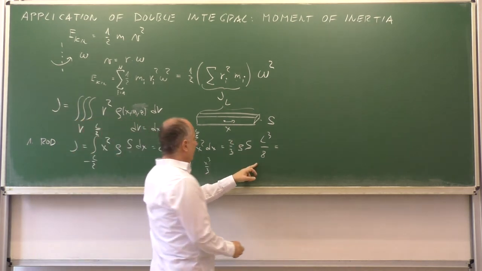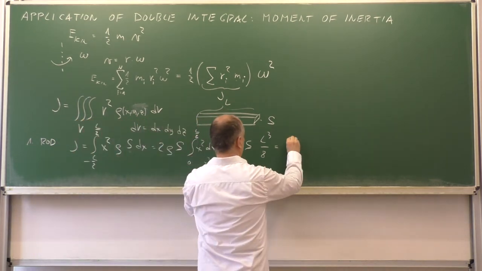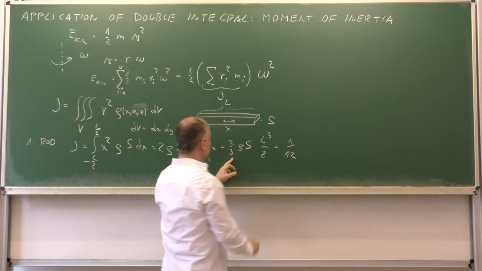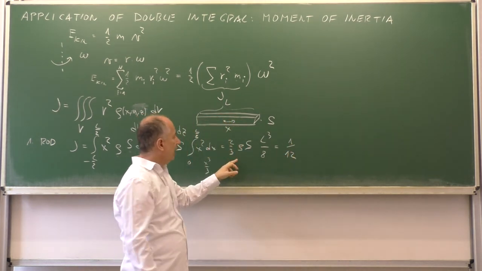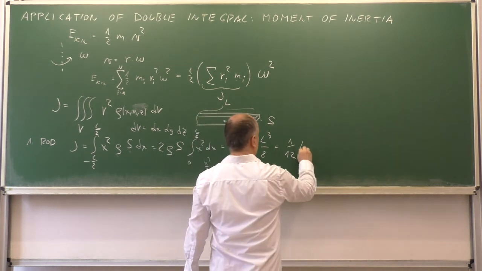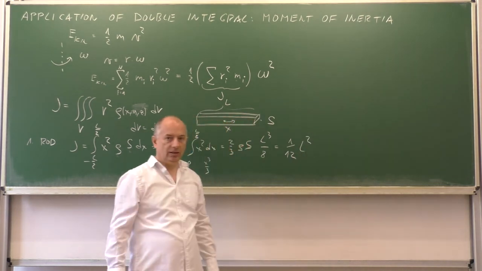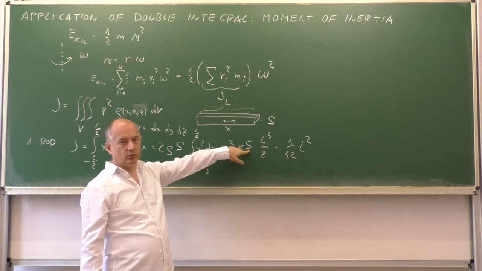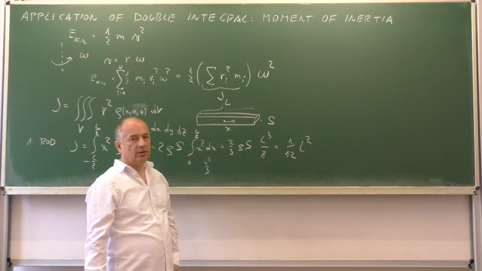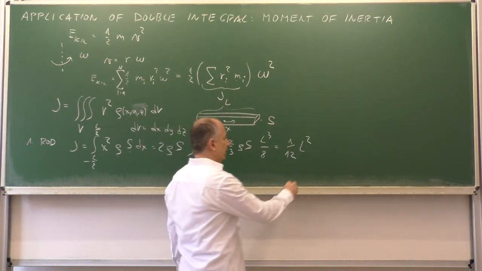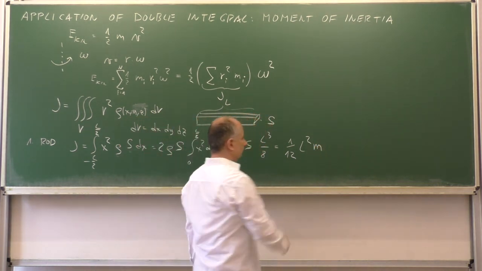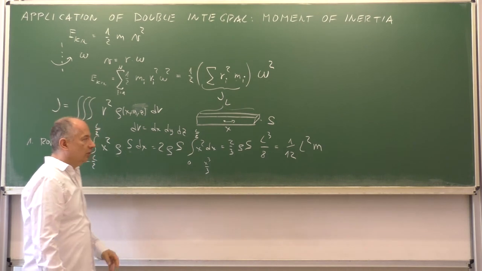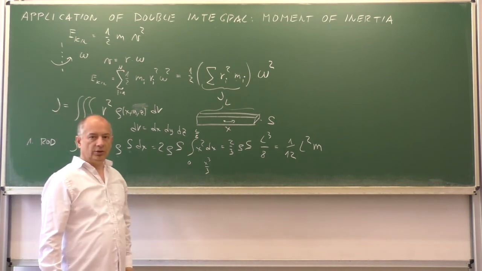So 2 divided by 8 is 1/4, so this is 1/12. And if we write L squared times L, then L times S is the volume V, times the density rho is the mass M. And this is the formula for the moment of inertia of a homogeneous rod.